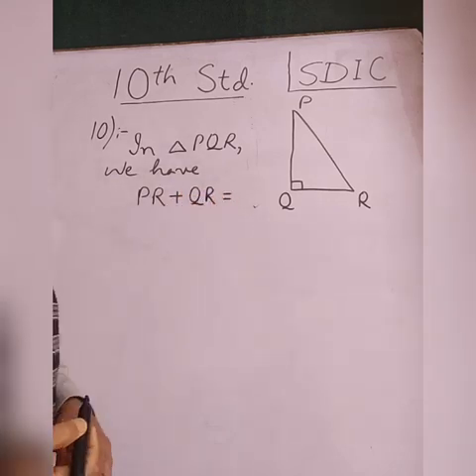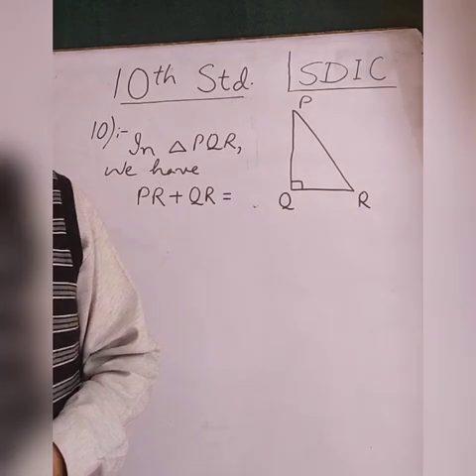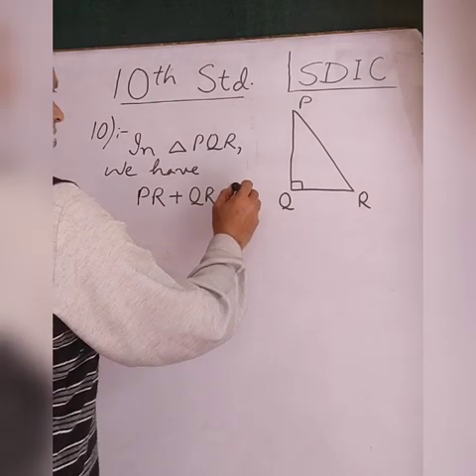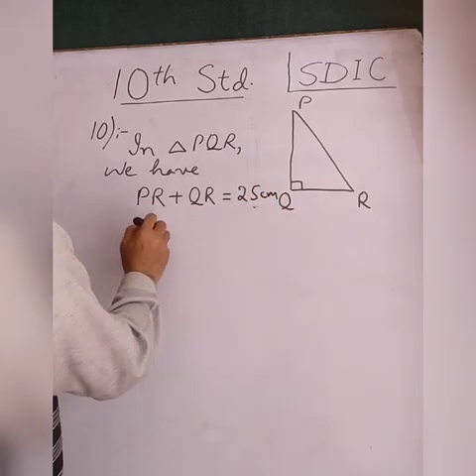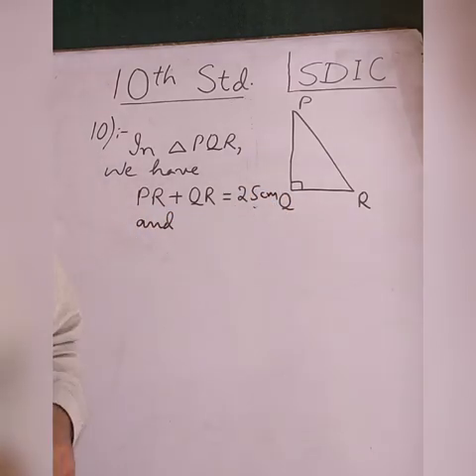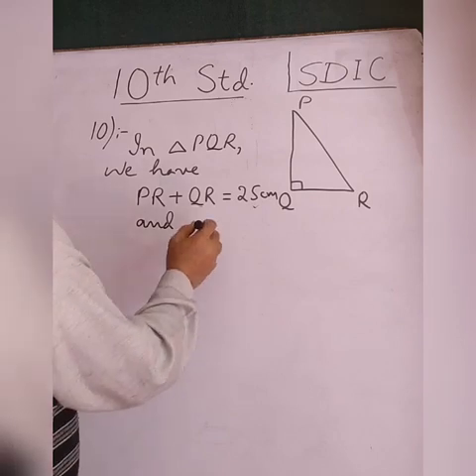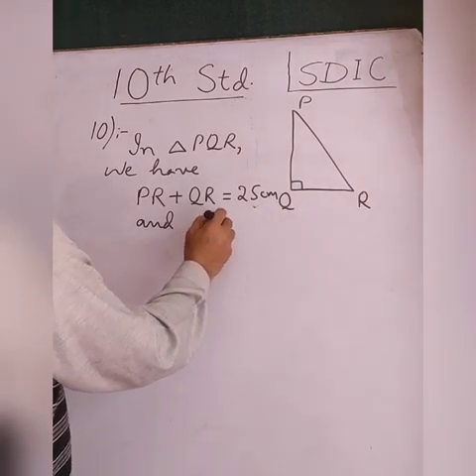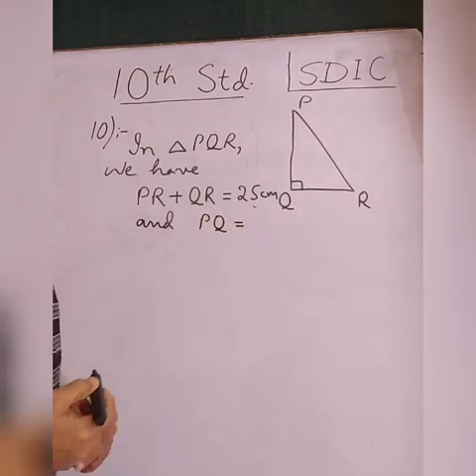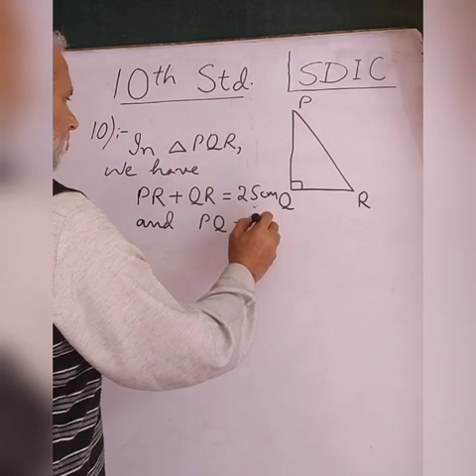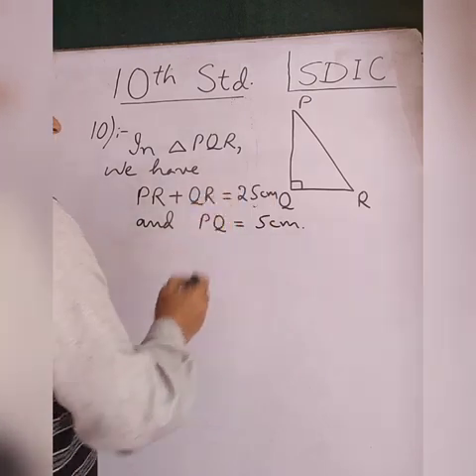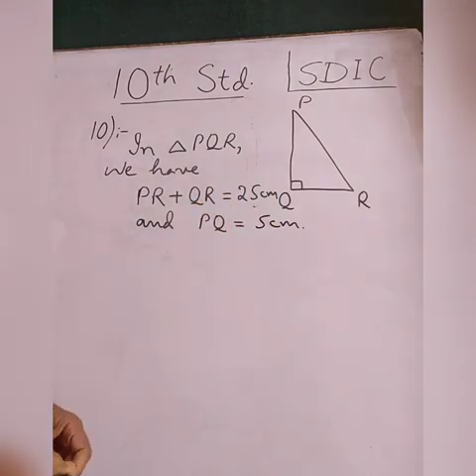QR is one of the remaining sides. The sum is given to be 25 centimeter. And another thing is given, PQ, the third side, is separately given. PQ is equal to 5 centimeter. This is the information given to us.